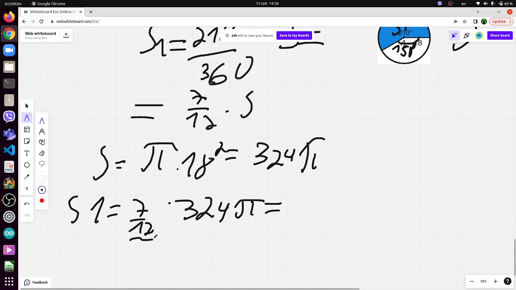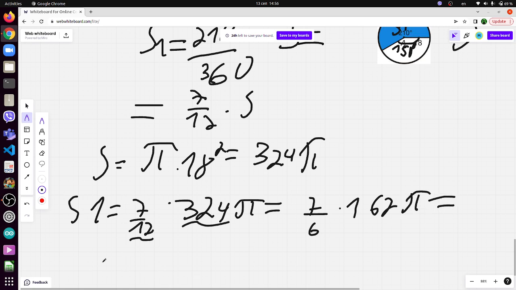Let's divide by 2, 7 over 6 times 162 pi.